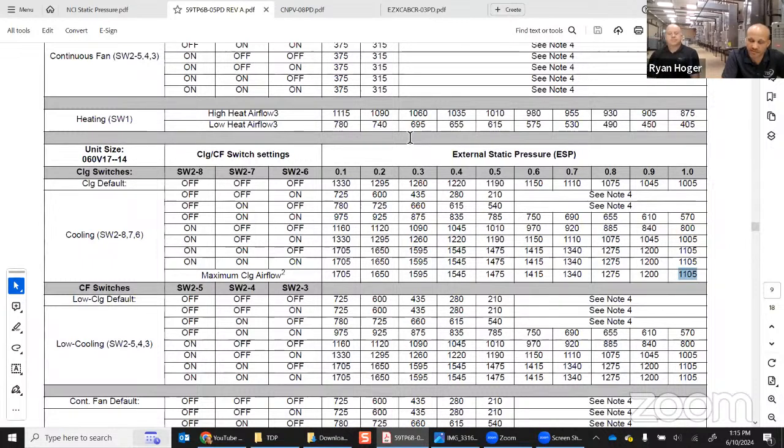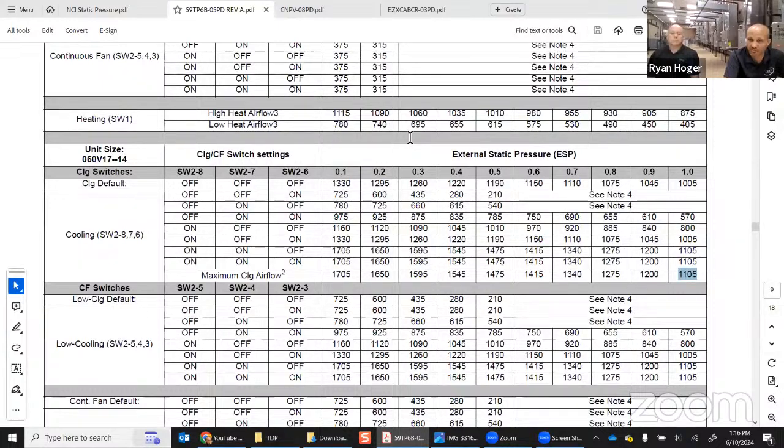You may be surprised to hear this, but the higher you run the fan, the more static you're going to have. It's just like driving your car. If the road is smooth, there's not very much resistance to your car. You go drive down a gravel road with your engine at the exact same RPM, your car's not going to be able to accelerate as quickly because the gravel road gives more resistance.